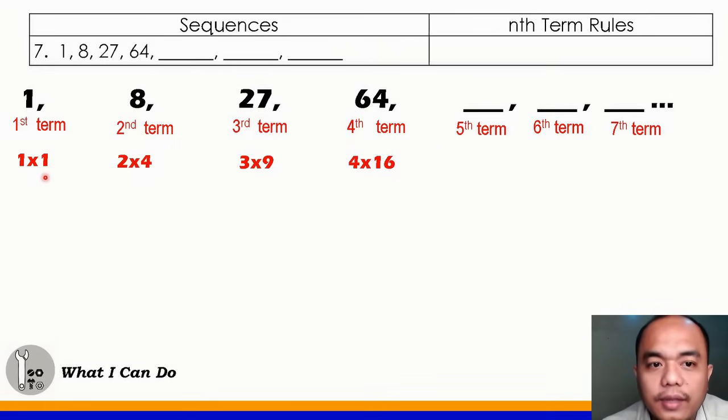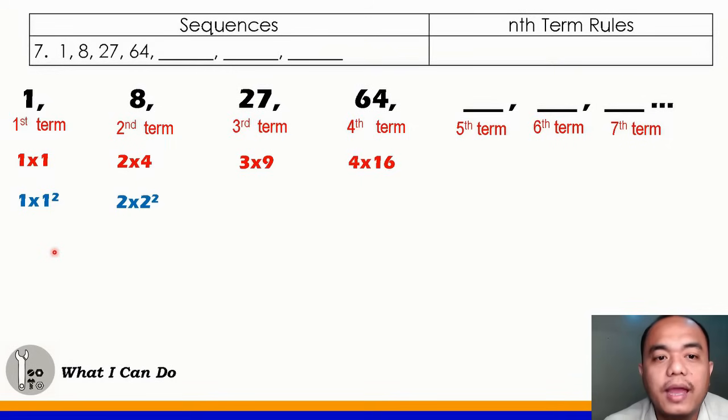And take note with the numbers here. Beside each term number, we have 1, we have 4, we have 9, and we have 16. What can you observe about these numbers? Yes! So these are perfect squares.